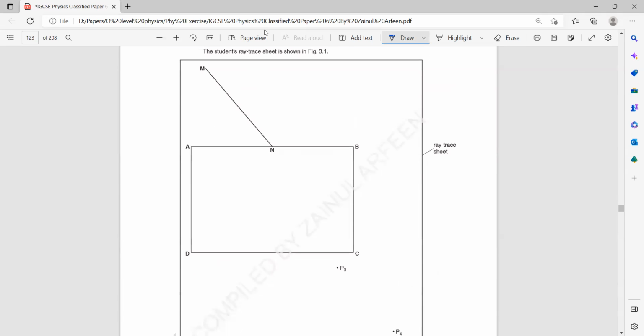When we draw the normal, we label that point L. They said to mark the position of the pins on N and L. The pins where we mark, you can mention P1 and P2, but remember one thing: the spacing between the two positions of the pins should be greater than or equal to 5 centimeter, more than 5 or equal to 5, but not less than 5.